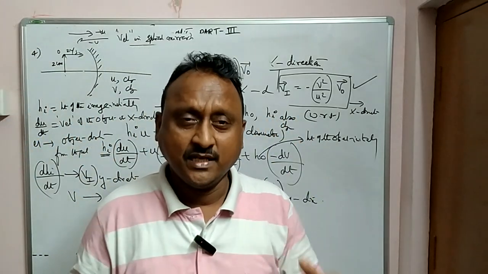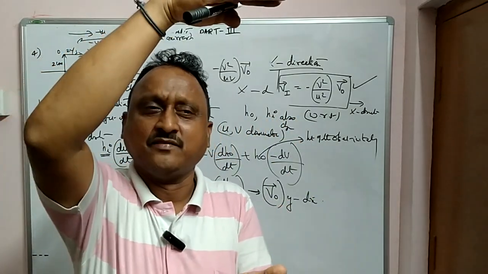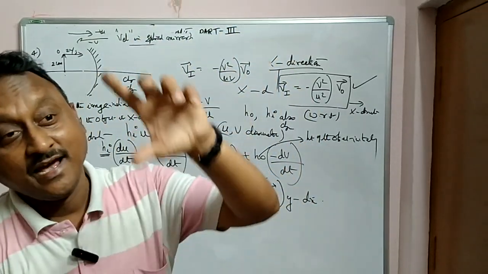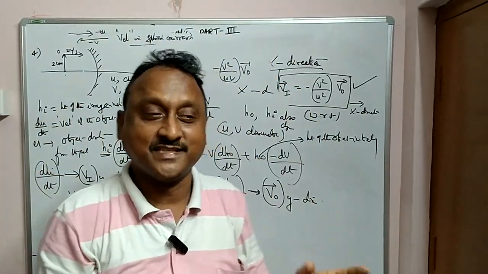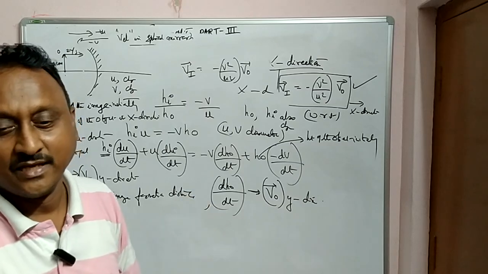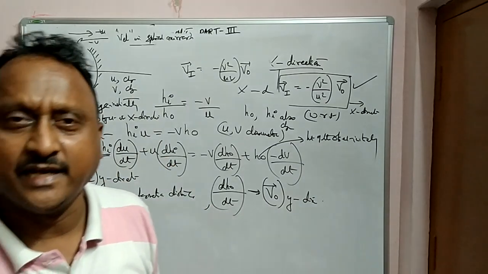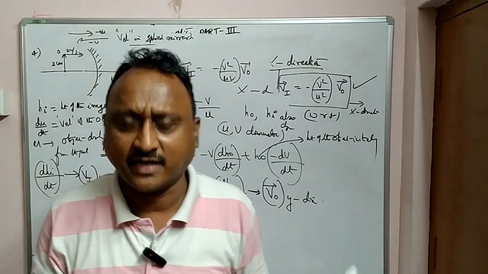The last case, the object moving at a certain height from the principal axis, with u changing and v changing, and finally the height of the object and height of the image also changing. You have to use this formula. These 4 conditions are very, very important in examinations like NEET and MCET, and also at advanced levels.